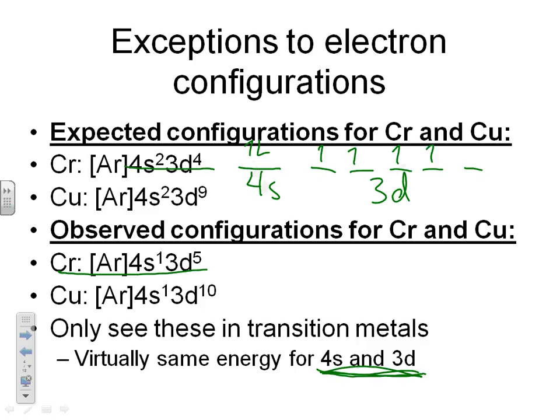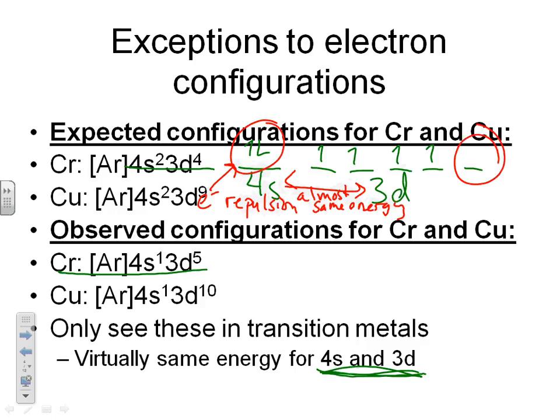But remember, these 2 sublevels are almost the same energy. So why would you have electron repulsion here, because you have 2 electrons in the same orbital, when you have an empty orbital that's almost at the same energy level, not significantly higher?